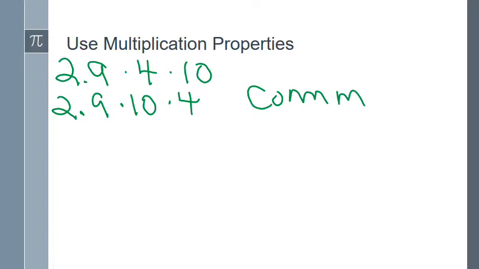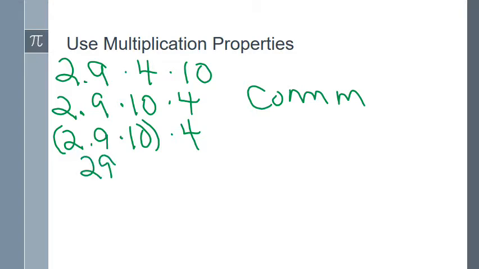Now, the associative property says that if I'm multiplying 3 or more numbers together, it doesn't matter how I group them. So I'm going to put this 2.9 times 10 in parentheses, and then multiply the whole thing times 4. Why would I want to do that? Well, 2.9 times 10 seems much easier to multiply than times 4, because 2.9 times 10 is just going to equal 29.